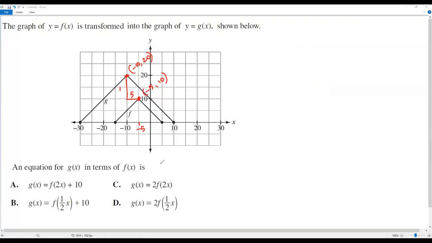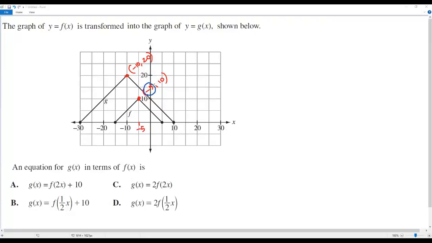So we can try horizontal and vertical stretch or compression. For that, I consider the x-coordinate of the vertex of f, which is negative 5, and the x-coordinate of the vertex of g, which is negative 10. This negative 10 is 2 times this negative 5.